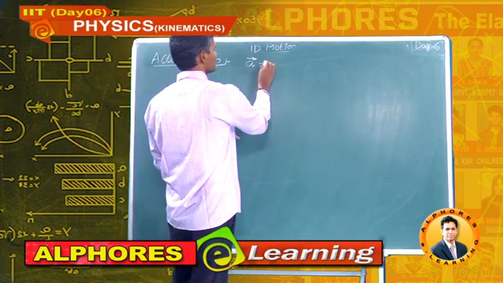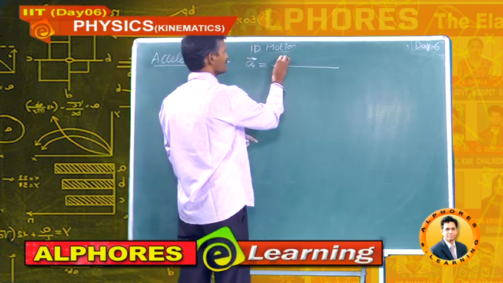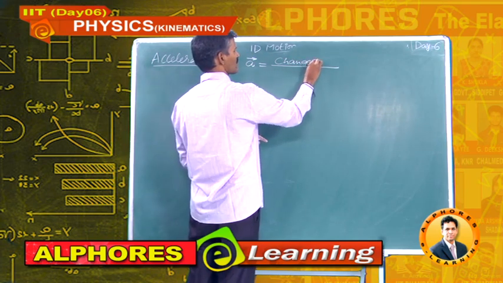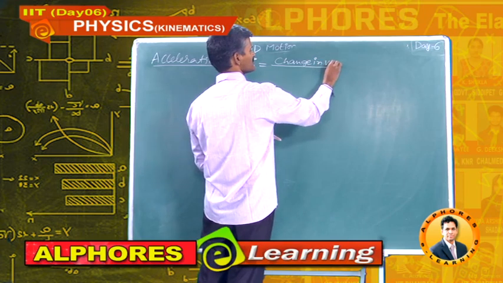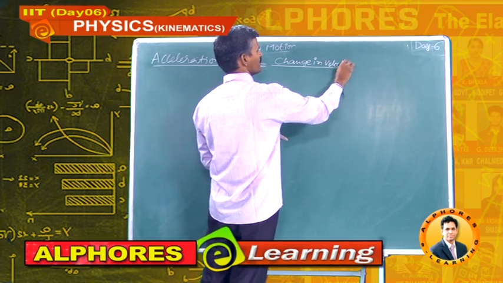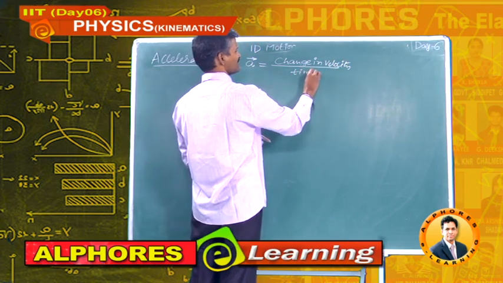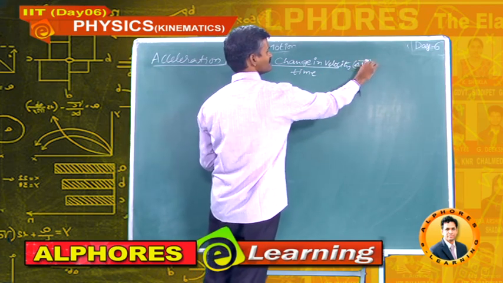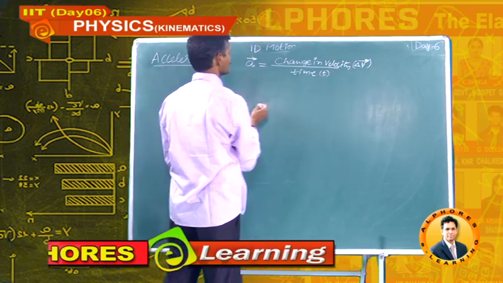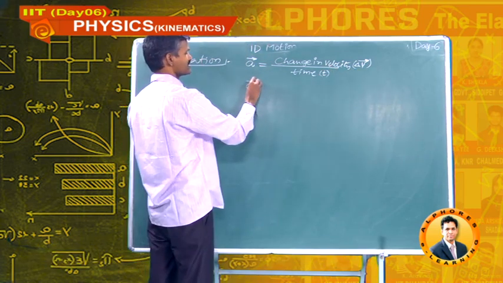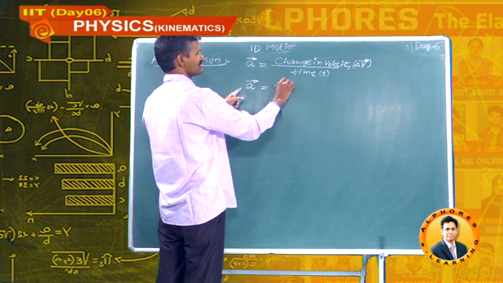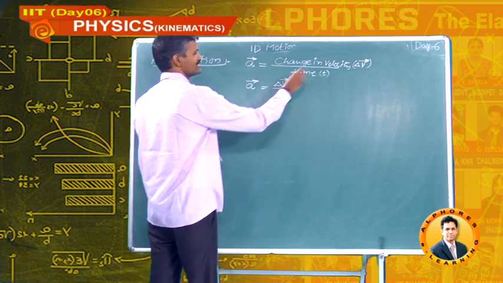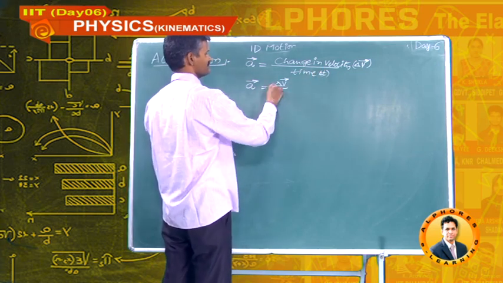This a bar is defined as change in velocity in a unit time. This change in velocity delta v bar, we already calculated, and time is t. So you can write acceleration vector a bar as change in velocity vector by change in time.